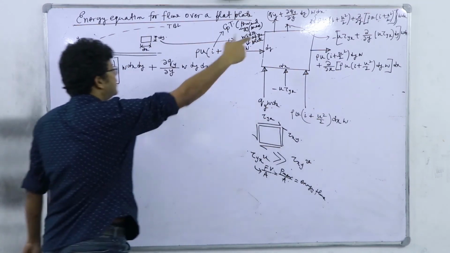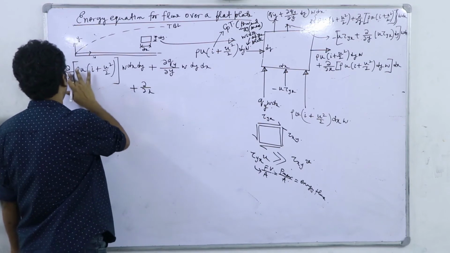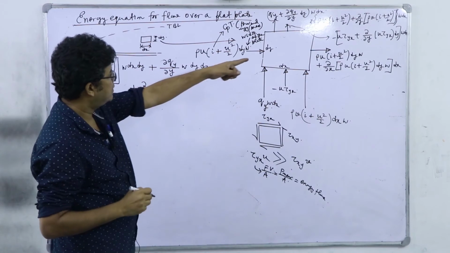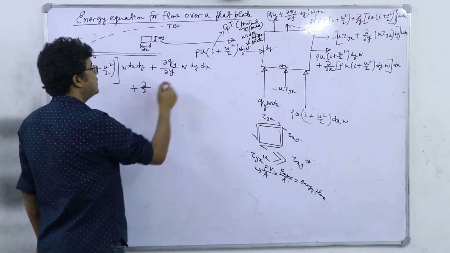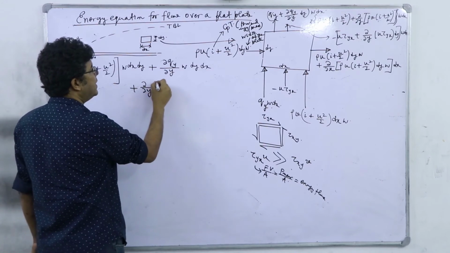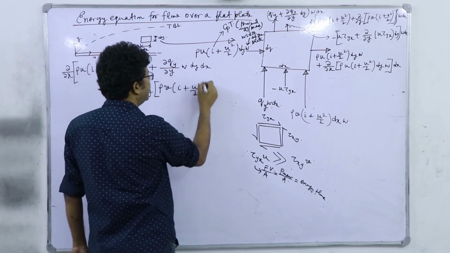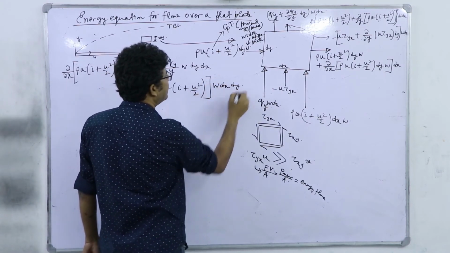Next, here it will be del del x, and for this y directional term it will be del del y of rho into v (i plus u square by 2) whole bracket, w into dx into dy.